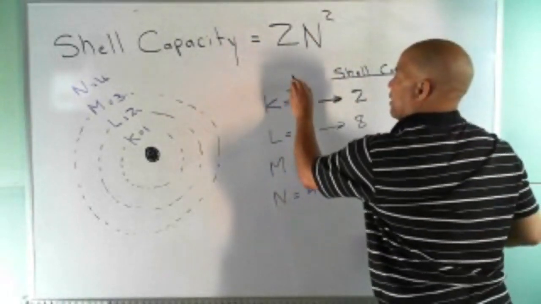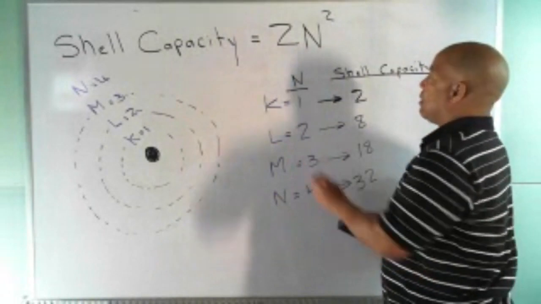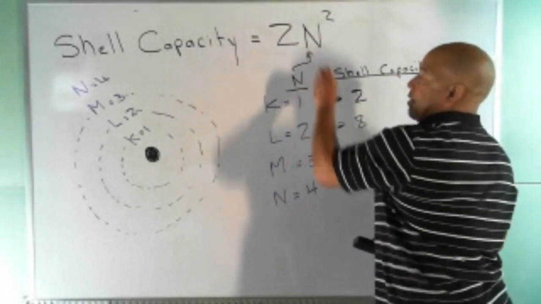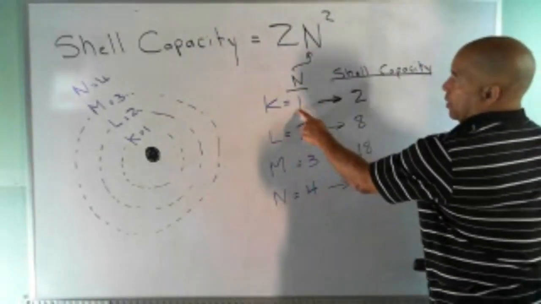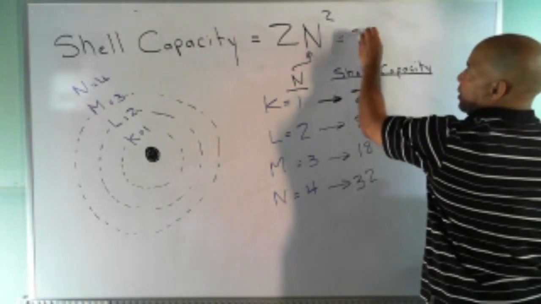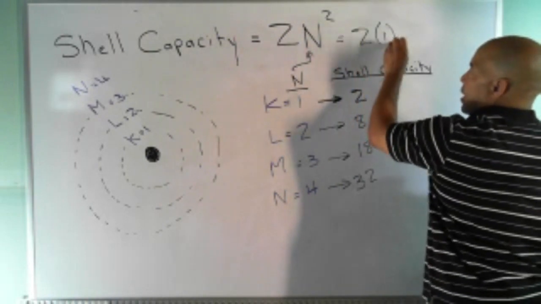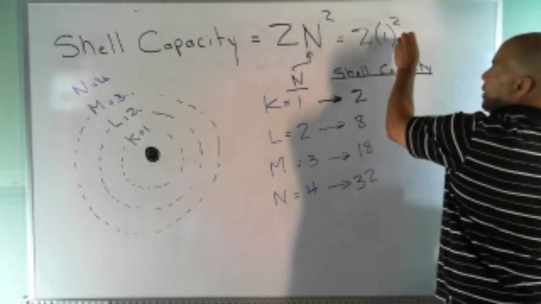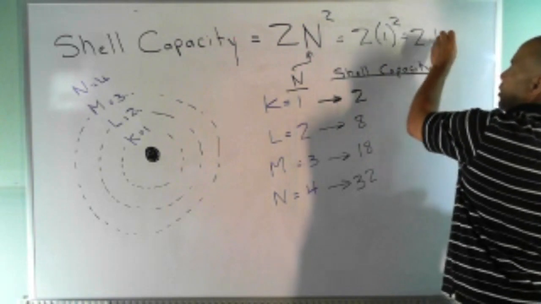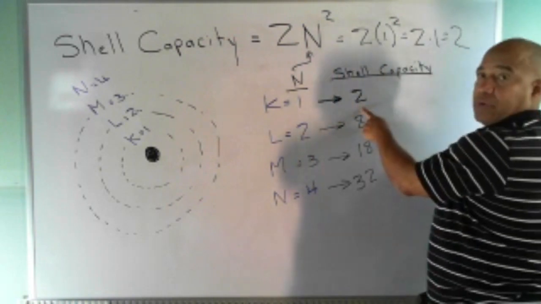This is n. So if I put a 1 in here, I get 2 times 1 squared. That gives me 2 times 1, which is 2. That's how we got that 2.